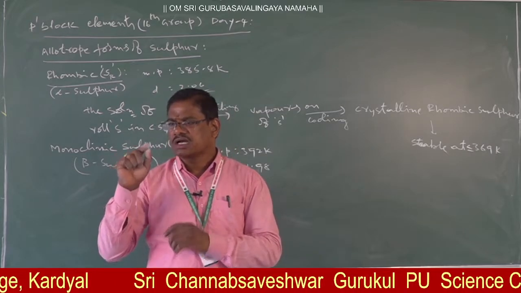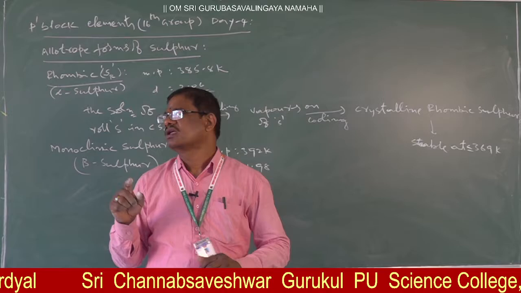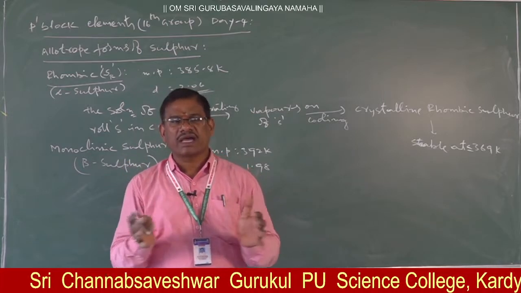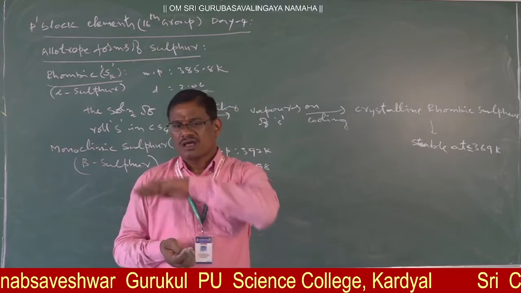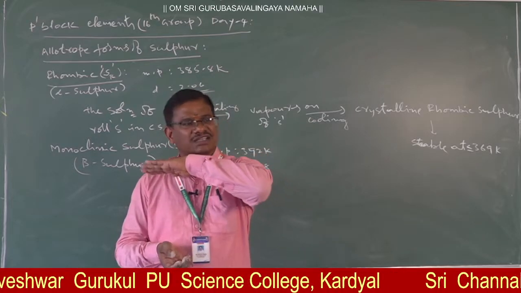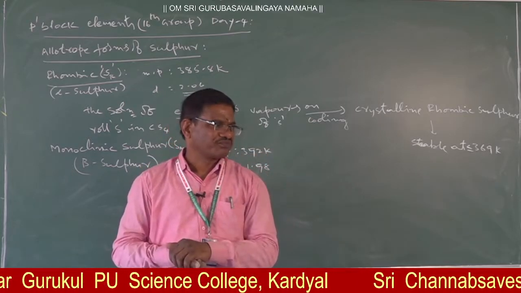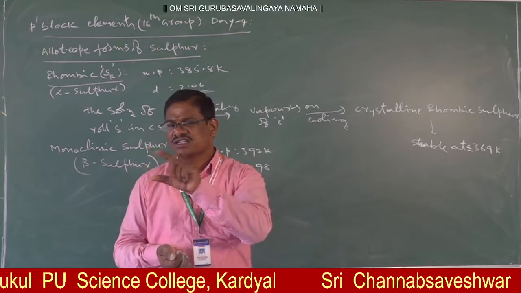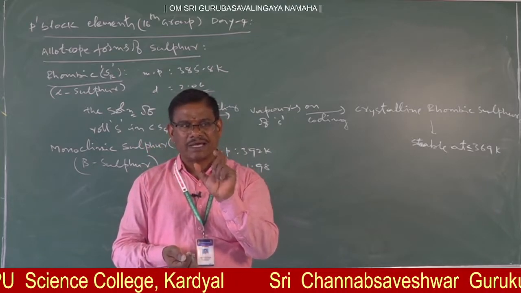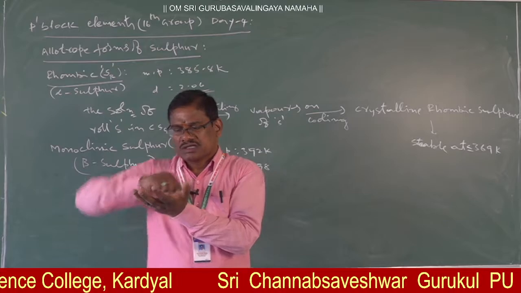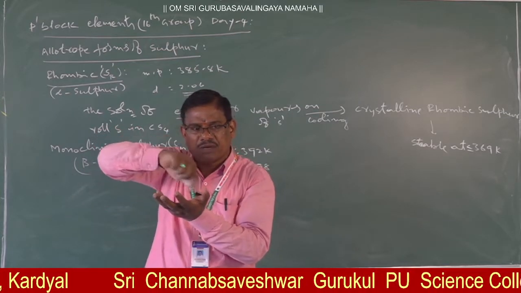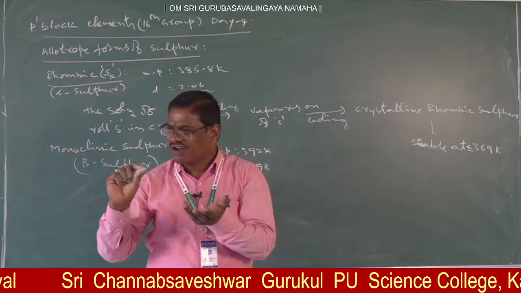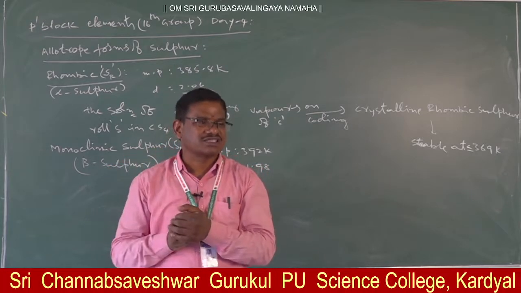That hot molten rhombic sulfur taken in a dish is allowed to stay some time. Then on the surface of it a certain crust is going to form. You might have observed this in a bread piece: the surrounding part of the bread piece is different compared with the middle. That is somewhat a hard layer.